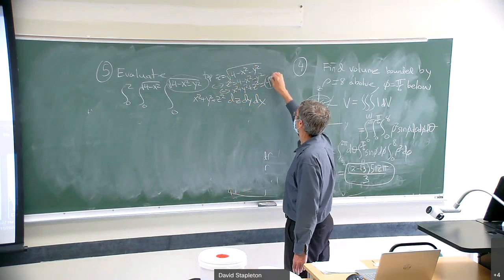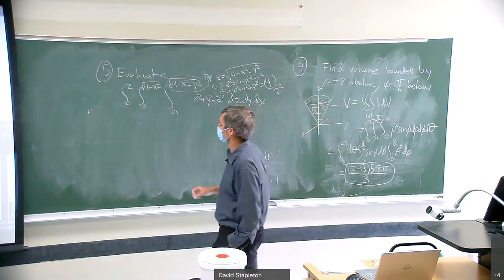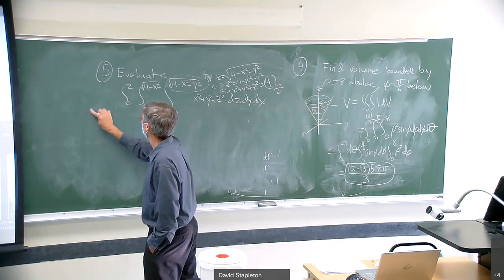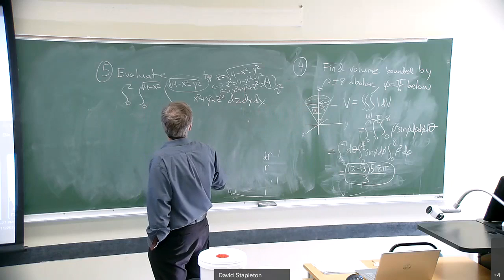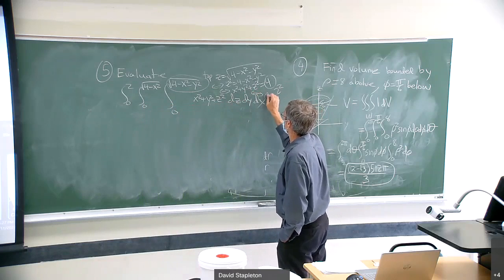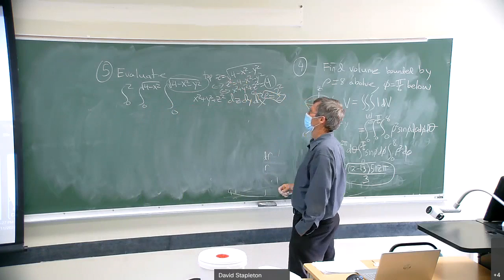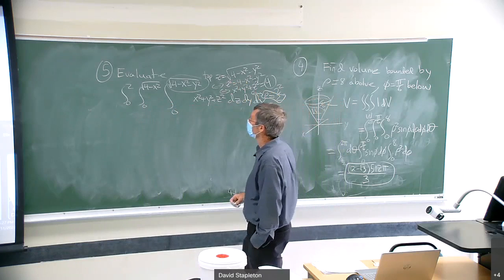Anyway, 4 is 2 squared. So if I want to put this in spherical coordinates, I'll consider that also rho equals 2. So there's the spherical coordinate equivalent of this mess. Good idea to switch to spherical, right?